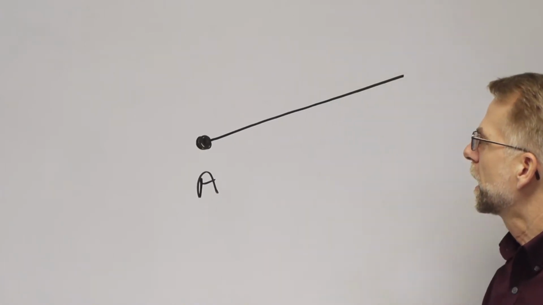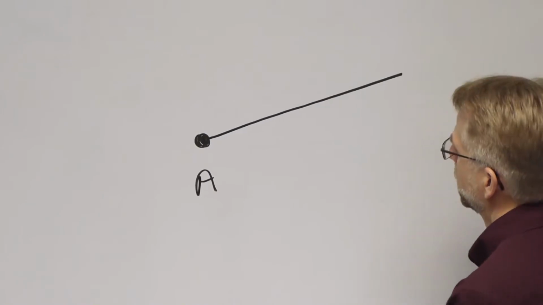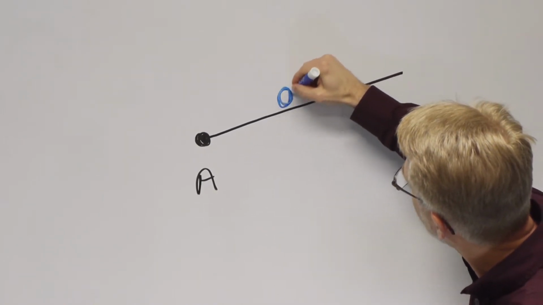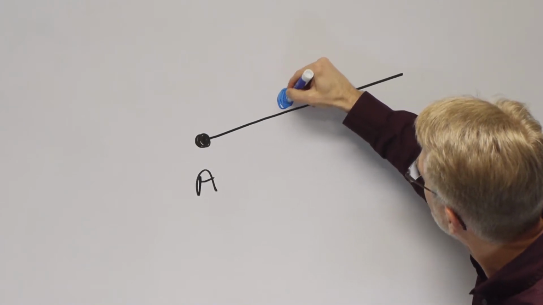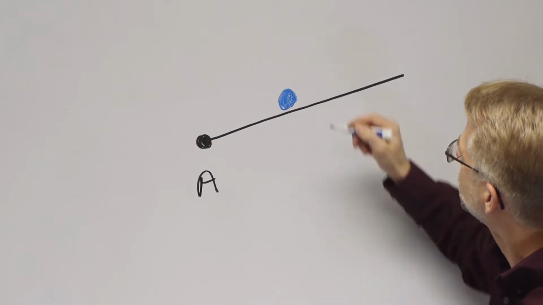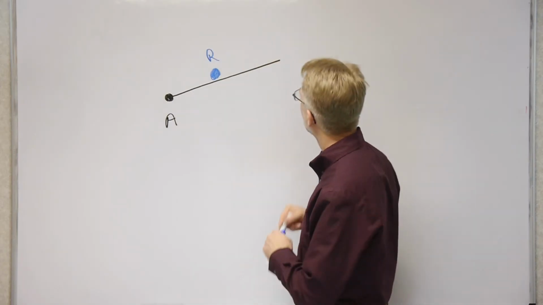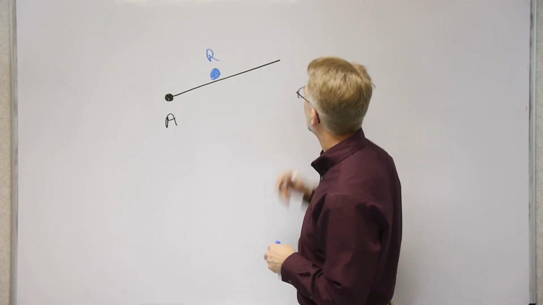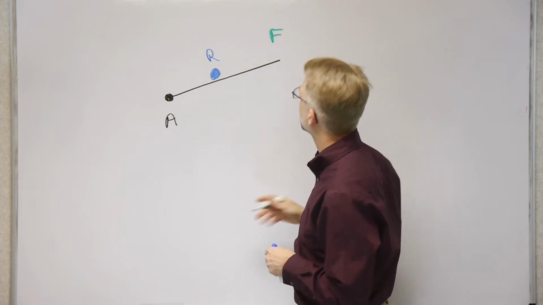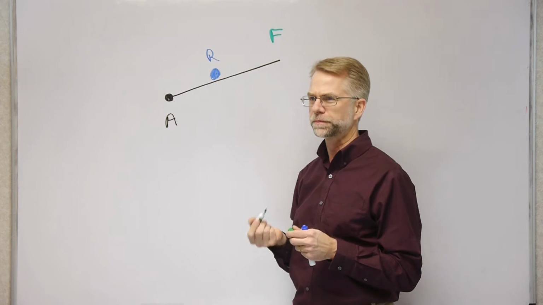Let's say that right here in the middle of my lever, I have some sort of a weight, and that's going to be my resistance. And then somewhere over here on the end of the lever, I have some force that is also applied to that lever to move that resistance or to move that weight.